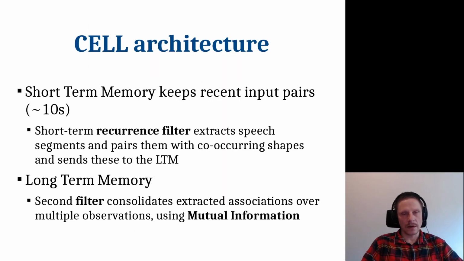And so the architecture consisted of two main components: two memory stores. Short-term memory is a kind of buffer which keeps recent input pairs for a few seconds. Based on what's in this short-term memory, there is what they call a short-term recurrence filter, which tries to extract pairs of speech segments which co-occur with shapes, and these are then passed on to the long-term memory.